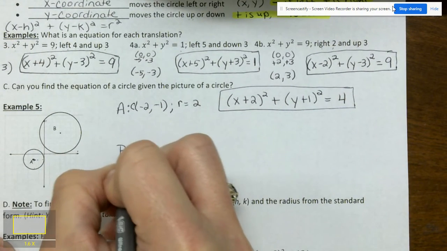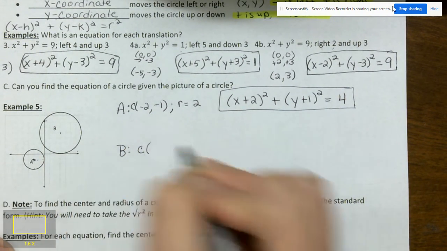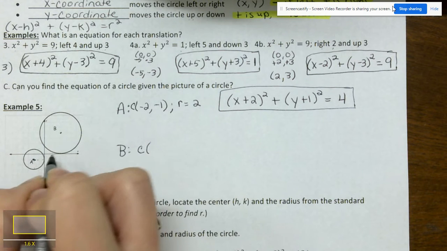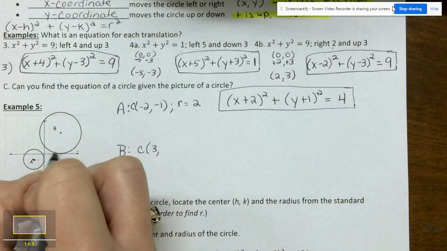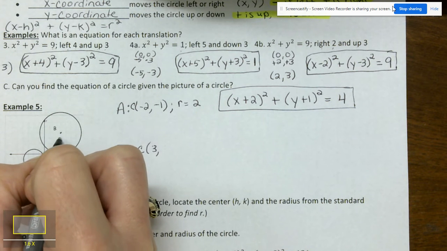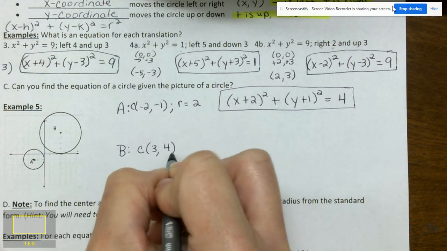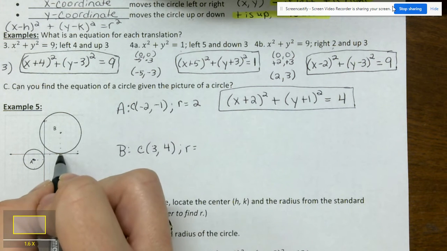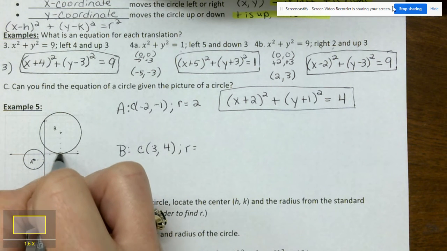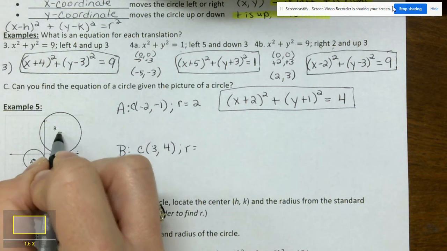Okay, now let's look at B. First, let's find our center. It's right here. So that's 1, 2, 3 on the x, and 1, 2, 3, 4 on the y. 3, 4 is our center. Now let's find our radius. Down here was where I started counting, so the radius is 1, 2, 3, 4.